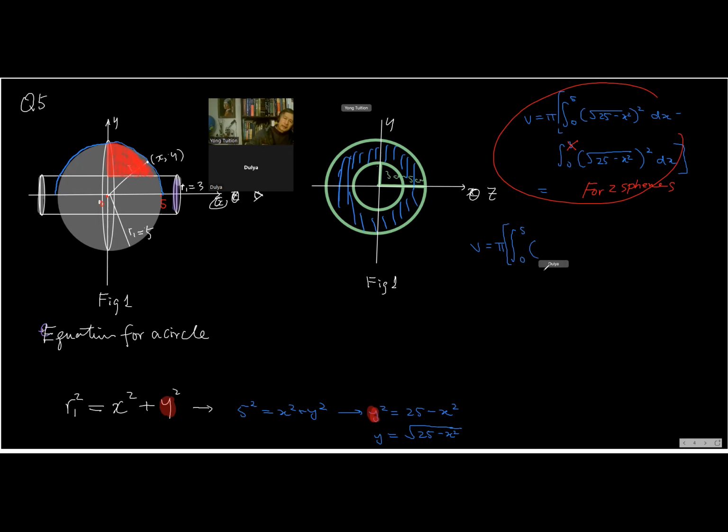You have to stick with the idea that this volume is generated by rotation about the x-axis, all right? Without this assumption, we cannot build the formula.